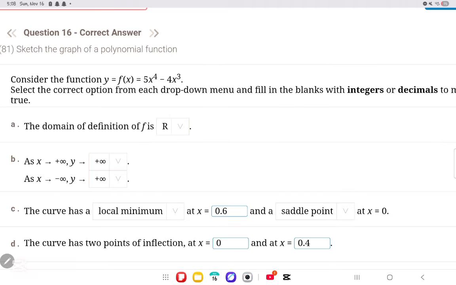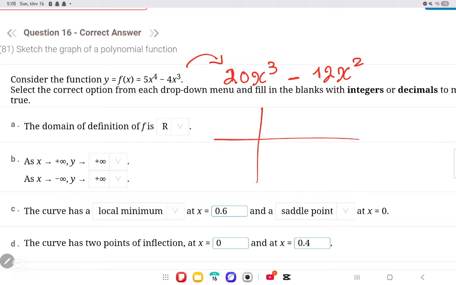To find these values, what do I need to do? I need to first take the first derivative. So it will be 20x cubed minus 12x squared. Then I need to find the roots. I can find the roots by factoring out 4x squared, so 5x minus 3 and x squared equal to 0. So I will get my roots to be 3 over 5 and 0.